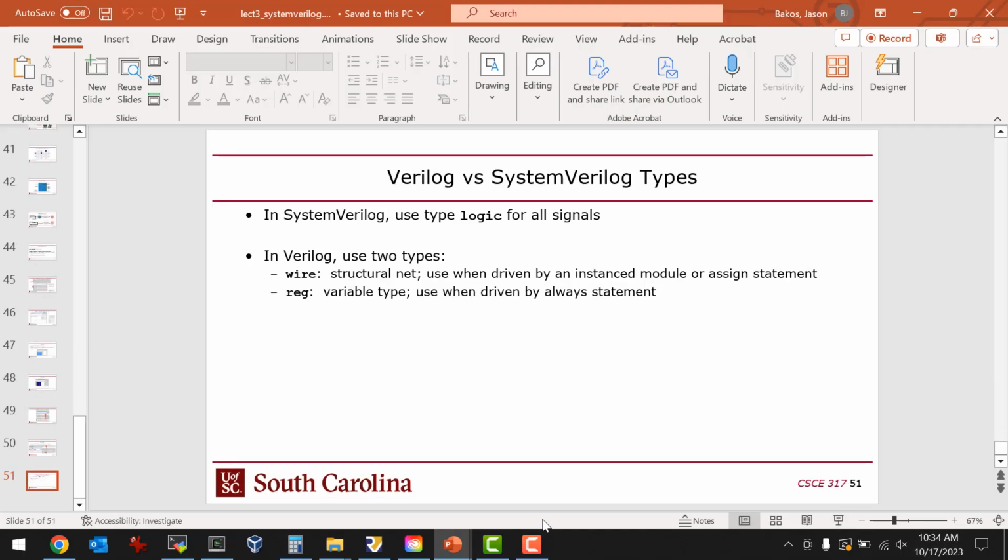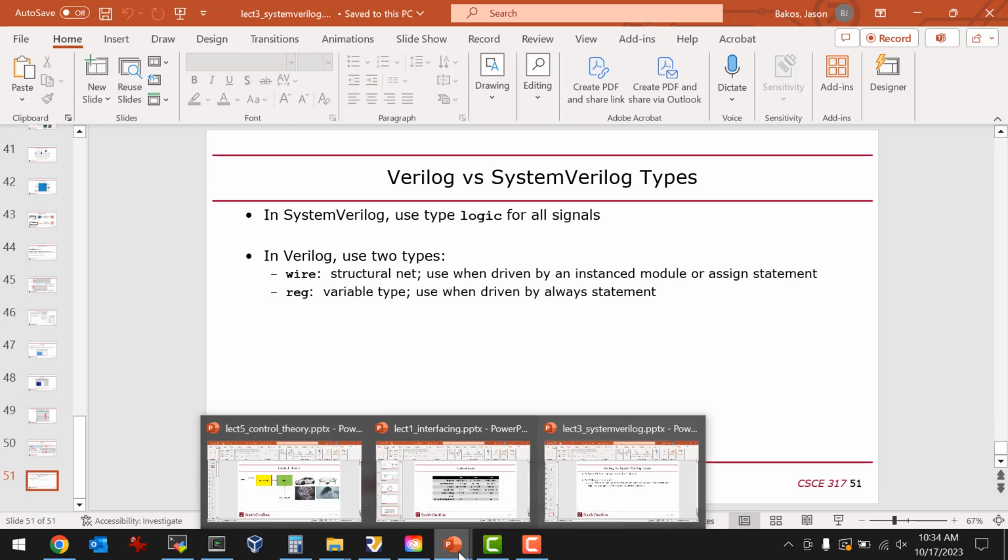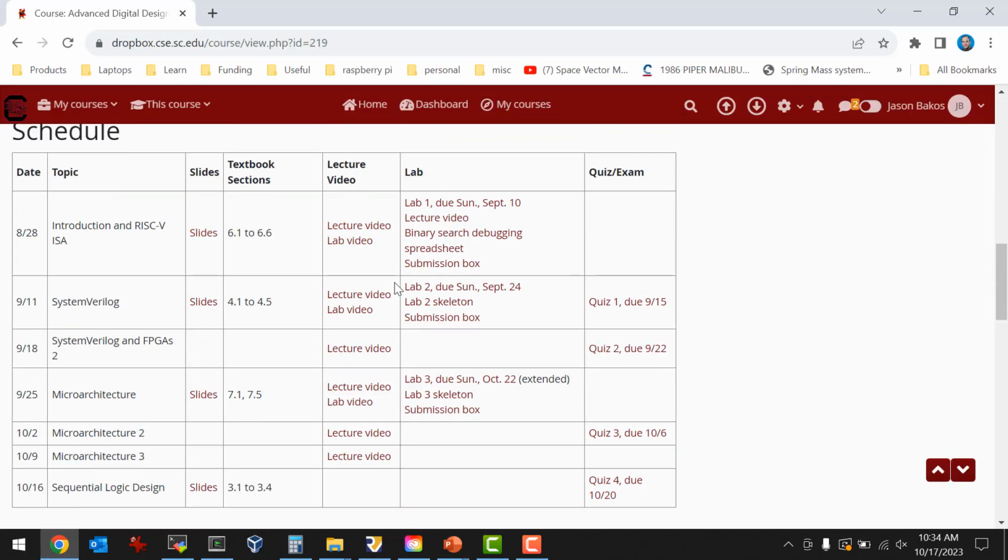Okay, so any questions? Okay, so make sure, like I said, yes? I was wondering, are these slides going to be posted anywhere on the Dropbox? These slides? Yes, they should be. I was just looking and there are only 4 slides, and they're all control theory, Avalon bus, the introduction.